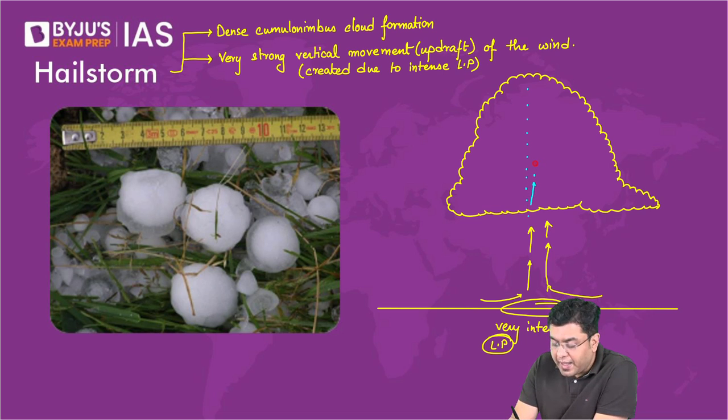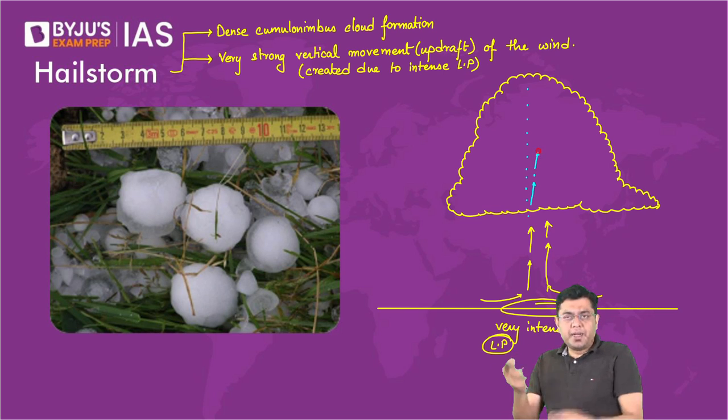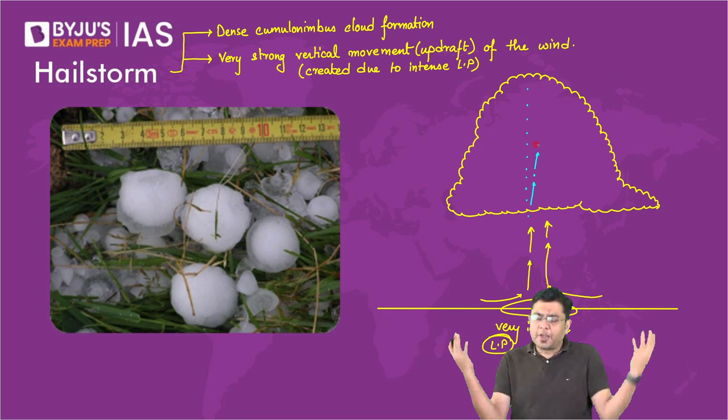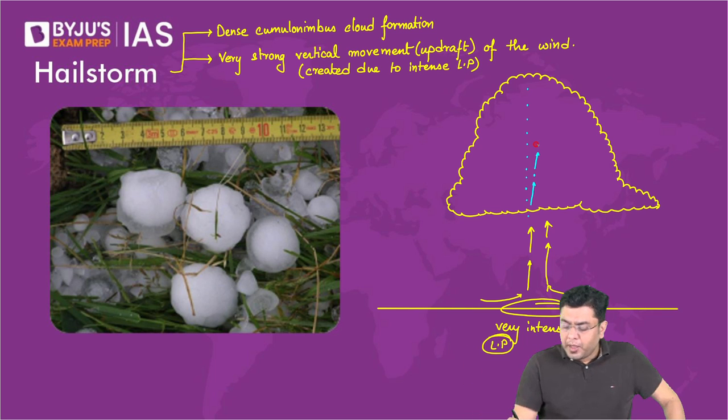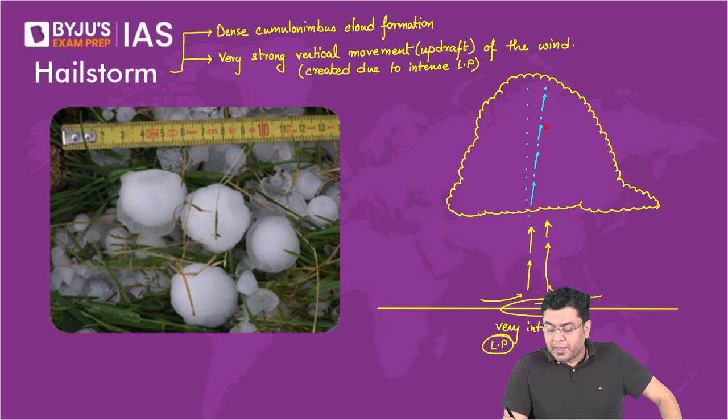It will accumulate or rub against the materials. It will accumulate more vapor and more condensate. So slowly and steadily, by the process of refreezing, its size will continue to grow. Then as its size grows, it becomes heavier and starts falling.